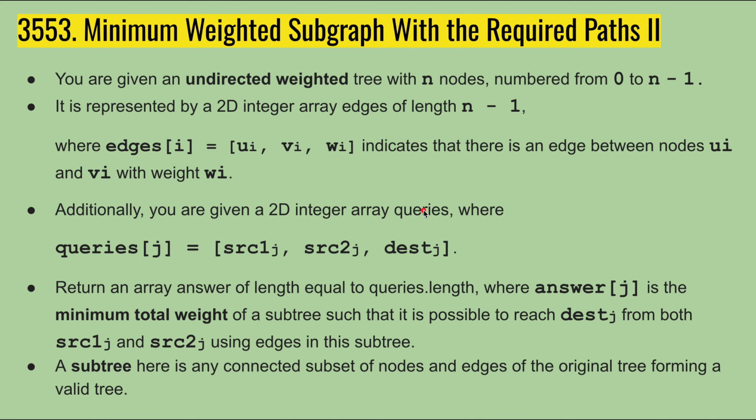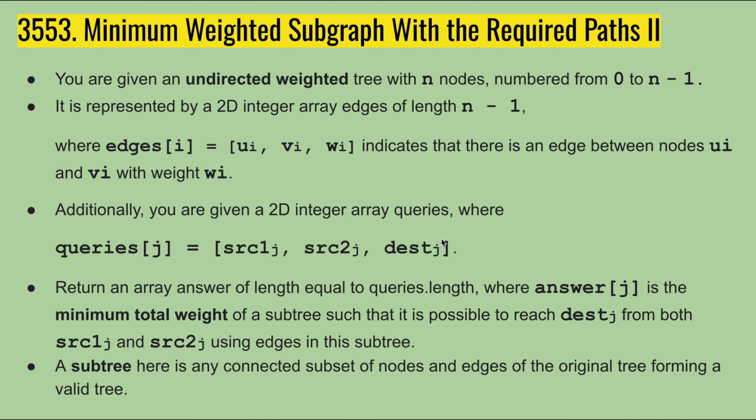So what is our goal? For each query in this array, we have to return the minimum total weight of a subtree that allows both source 1 and source 2 to reach the destination. If you talk about the intuition, in a tree there is only one unique path between any two nodes.